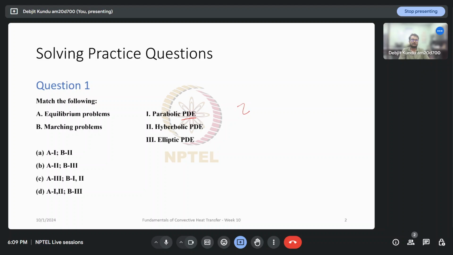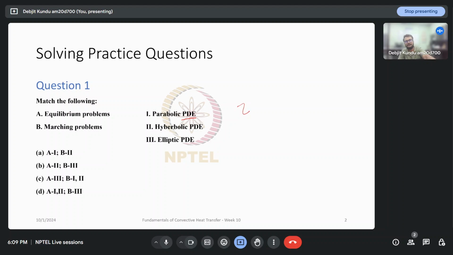Match the options correctly and then try to find the correct combination among the four options given, A, B, C, D. Once you have picked the correct combination, you can lock in your answer.